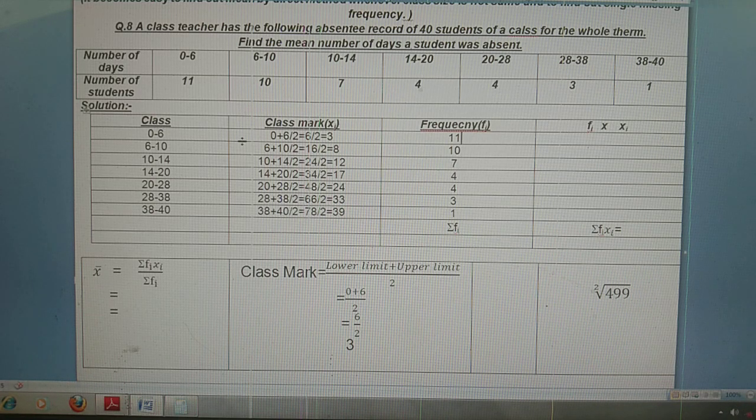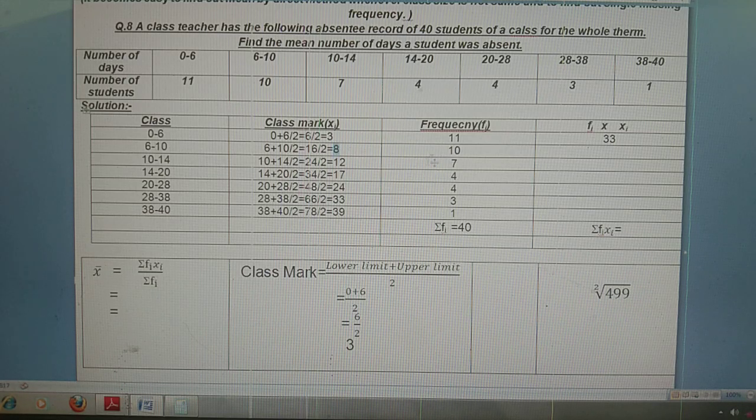Here these all are the frequencies. Let us add all these frequencies. It will be 40. Now the fourth column is of fi into xi. These all are the fi and these all are the xi's. Let us multiply them. 3 times 11 is 33.